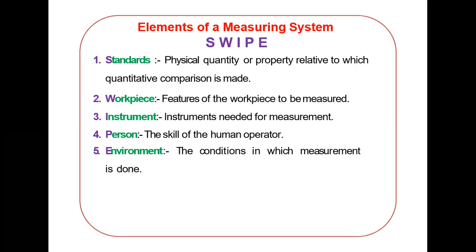So S stands for standards, W for workpiece, I for instrument, P for person, and E for environment. So these are the 5 types of elements we need to define a measurement or measuring system, in which a person defines the measurement by using the workpiece as the external part and the instrument as the internal part of a measurement.